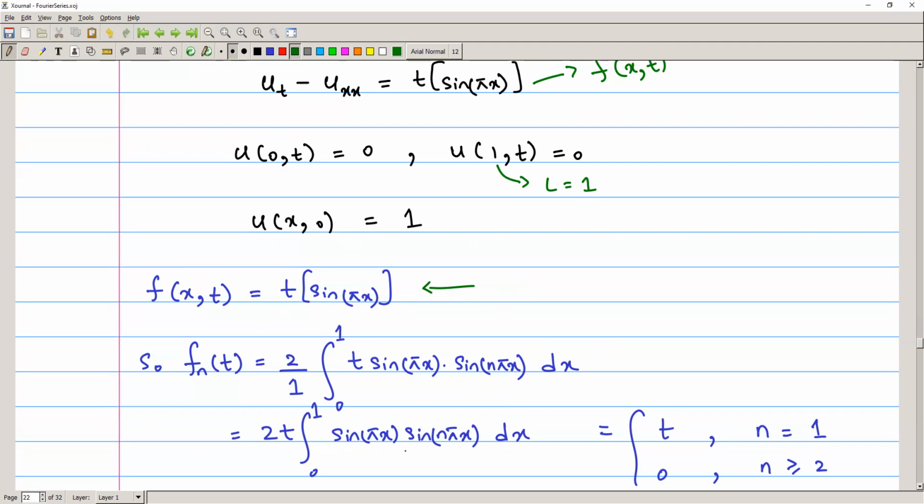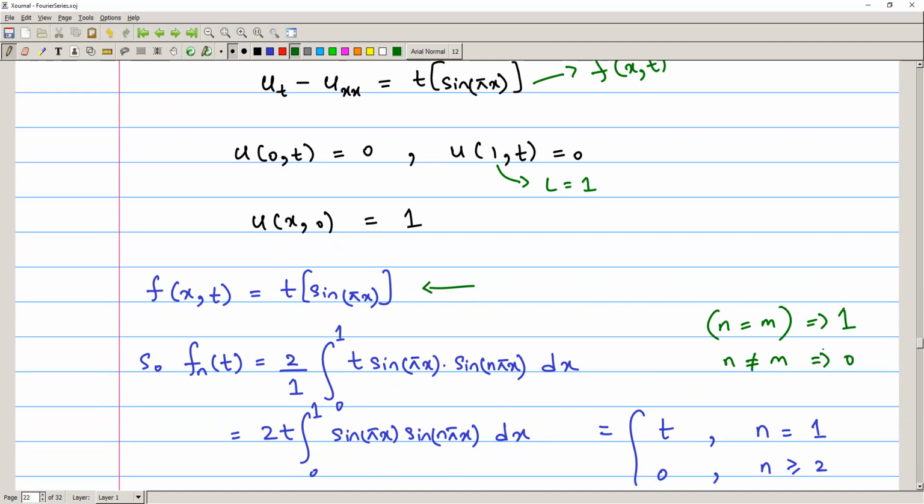So for the integral of sine pi x and sine n pi x, we will use the condition of orthogonality, and we know that when n is equal to m, then we get the integral, 1, right? So the value of this integral will be 1, and when n is not equal to m, then this integral is equal to 0, right?